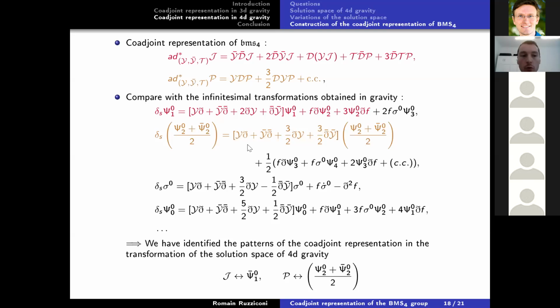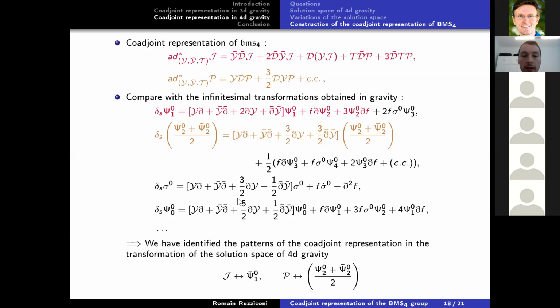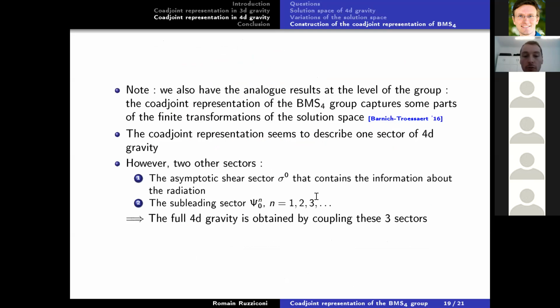So there are two other sectors to obtain the full 4D gravity transformation. There is this sector of asymptotic shear here that is not controlled by the coadjoint representation, and that basically contains information about the gravitational waves as a theory. And there is all this tower of subleading terms that is not captured by our construction. So to obtain the full gravity, you have to couple these three sectors together.